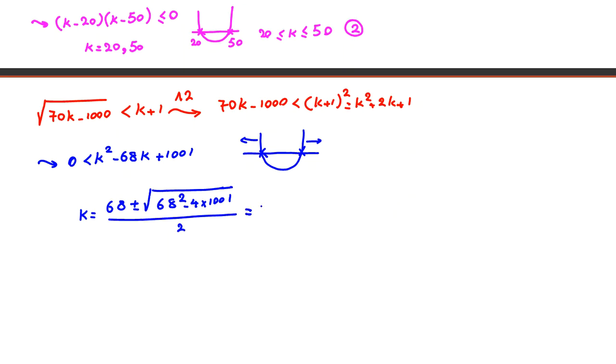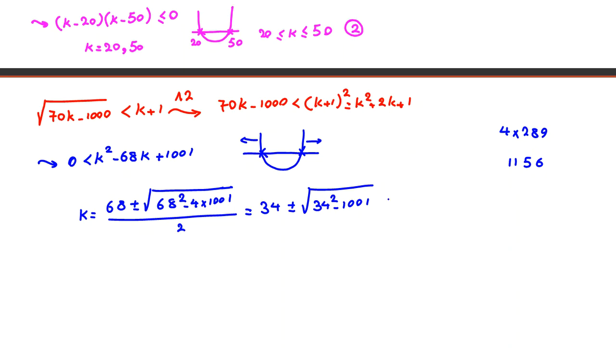We can divide both numerator and denominator by 2, and inside the square root we should divide by 4, so it will be 34 squared minus 1001. Now 34 squared is 2 times 17, so 4 times 289, 17 squared. 4 times 9, 36. We have 3. 4 times 8, 32 plus 3, 35. 3, 4 times 2, 8 plus 3, 11.